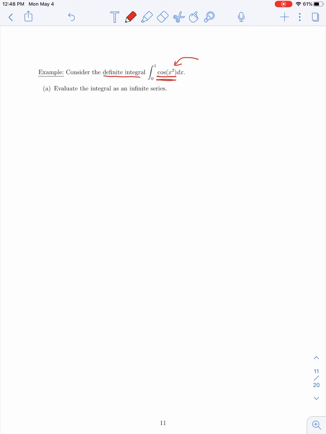So if we cannot integrate this function directly, let's try to express this in terms of a series. So our first step here will be to find a series representation of the function cosine of x squared.